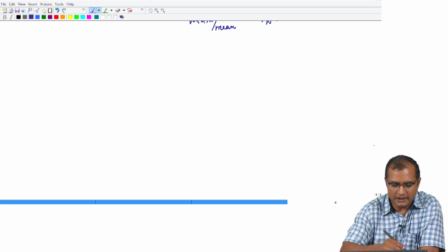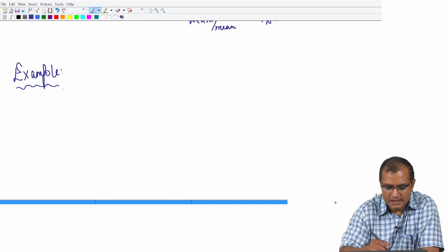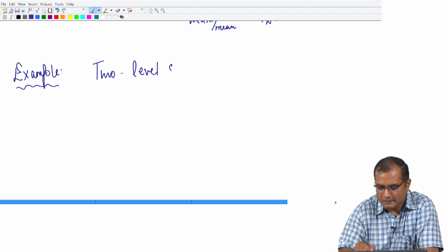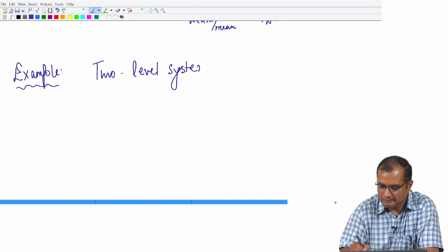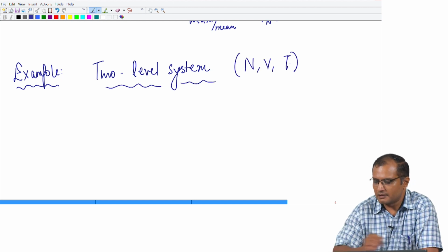So, here at this point I would like to break and take an example. In fact, I am going to do this problem with all of you, and this example is the familiar 2 level system in canonical conditions.